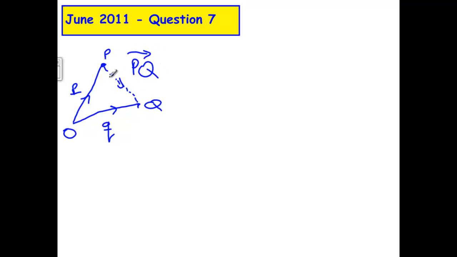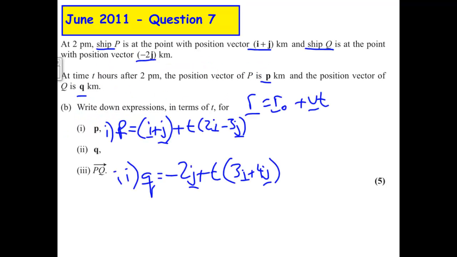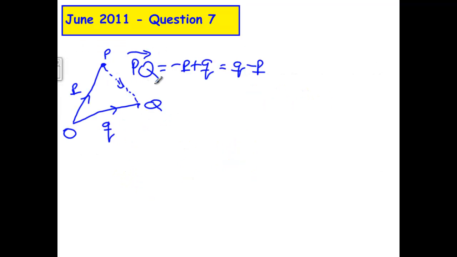Now to get from P to Q, we're going to go back down p, underlined, that vector, and then along q. So from P to Q, that path is the same as minus p plus q, which is the same as q minus p. Now, in part 1 and 2 of this question, we found an expression for p and q, the position vector of each of these. So what I'm going to do is substitute both of these into my expression for PQ.